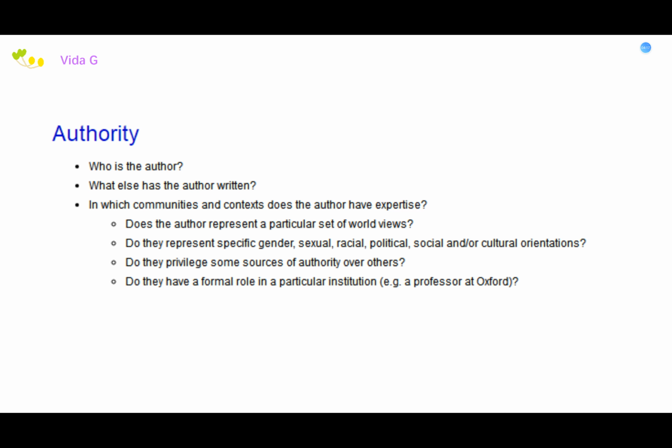Authority. Please pay close attention to the author of your source. For example, if you are writing a GRE issue topic on genetically modified food, you tend to use an article from the internet, and you have to pay attention to the author.